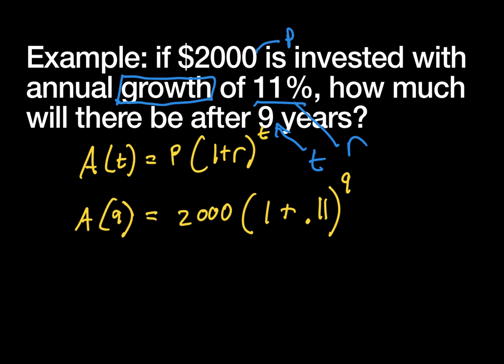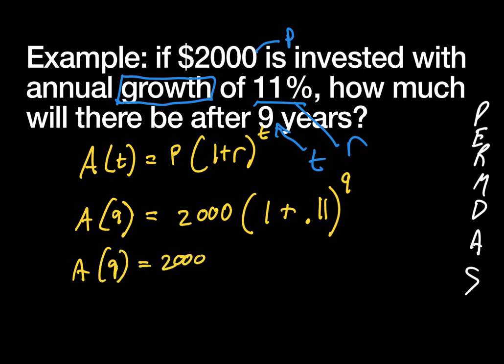And then following, as always, PEMDAS, order of operations, A of 9 is equal to 2,000. Got to do what's inside the parentheses first. 1.11 to the 9th power.